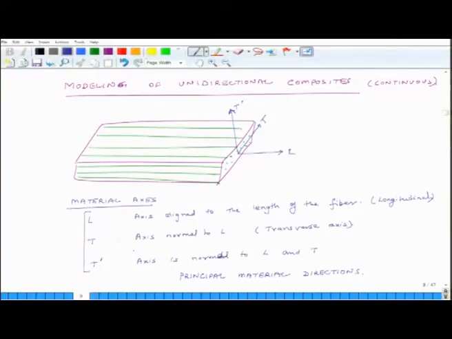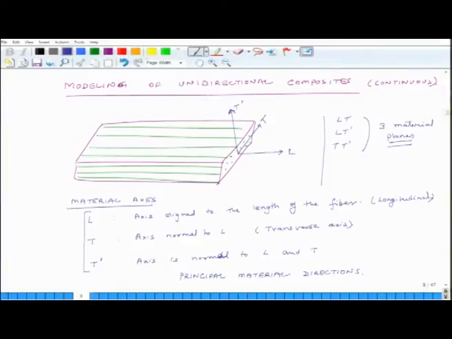So, we calculate our Young's modulus, stresses and so on and so forth with reference to these axes. Now, if I have a unidirectional composite and this is just a flat layer, and in this layer all the fibers are running in the L direction, then these 3 planes, the plane LT, the plane LT prime and the plane TT prime, are the 3 material planes, and in these planes, within the plane itself, the material properties will be isotropic, for exactly the same reason which we had explained in the last class.